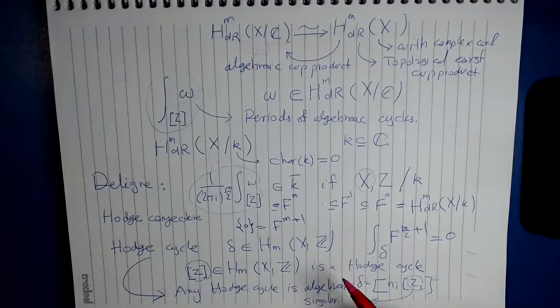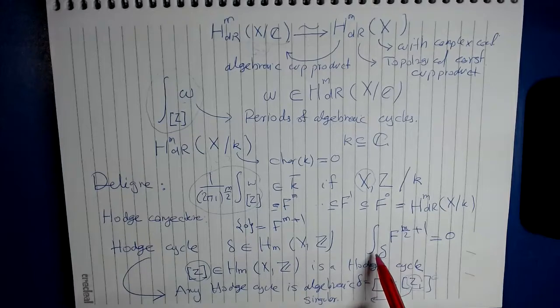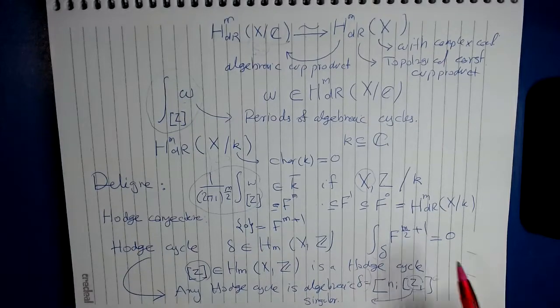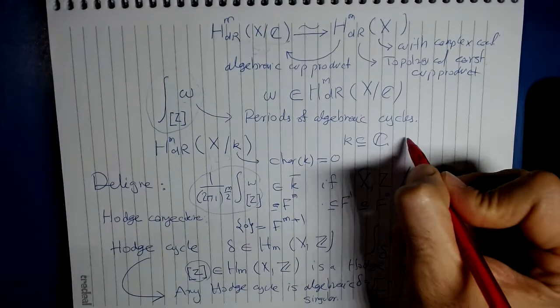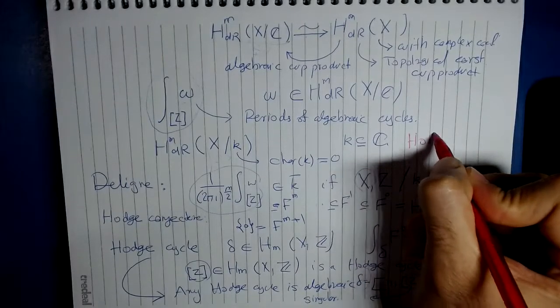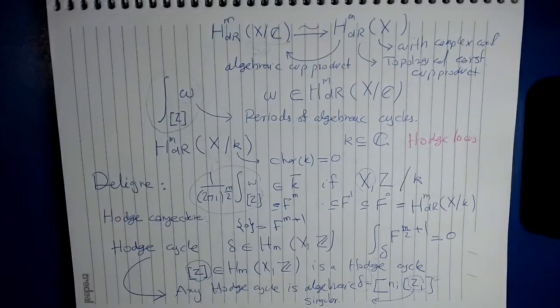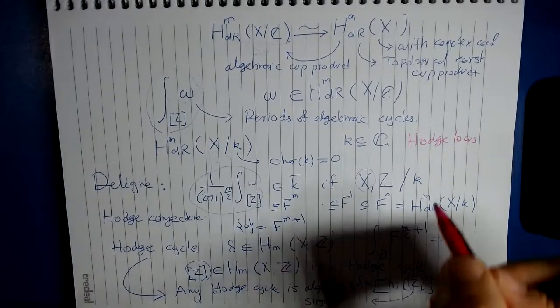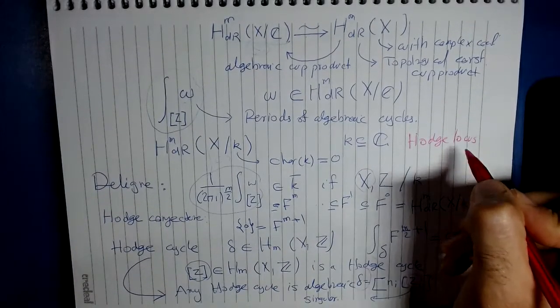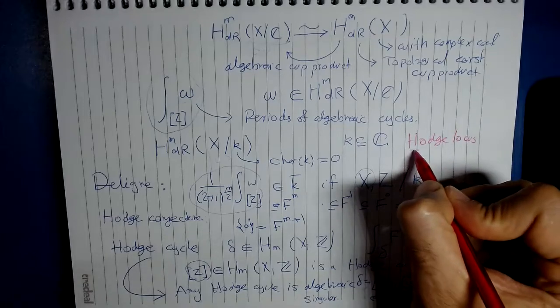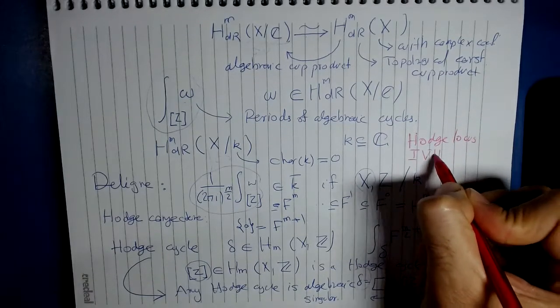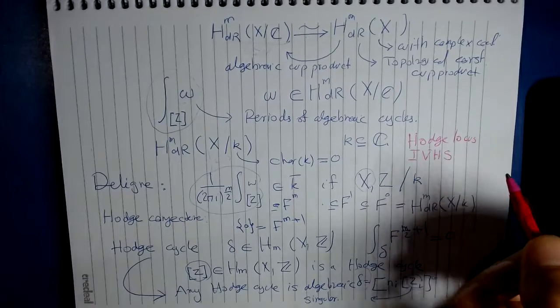The final goal of the course and the book is to put Hodge cycles in families, and when we put them in families, we will reach a concept called Hodge locus. And it will turn out that in order to study this Hodge locus, we will need many concepts like infinitesimal variation of Hodge structures.